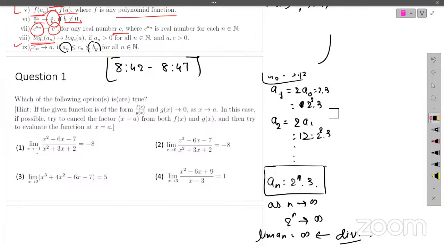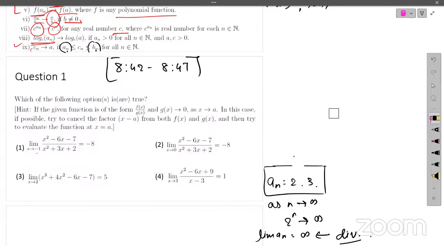Ma'am, after factorizing, we have to substitute x equal to -8, right? So all the things we have to equate. Yeah, by finding the value, you have to equate it to the right hand side and then choose the correct option.